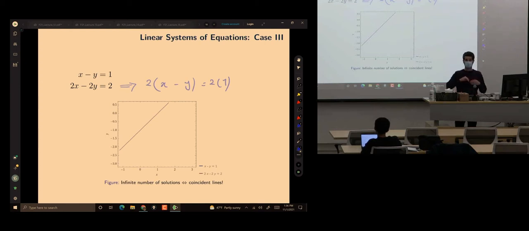So they intersect at every single point in the space, and in some sense, one of the variables is going to be arbitrary. Whatever you choose, there is a solution. In fact, we have 2 variables and 1 equation.